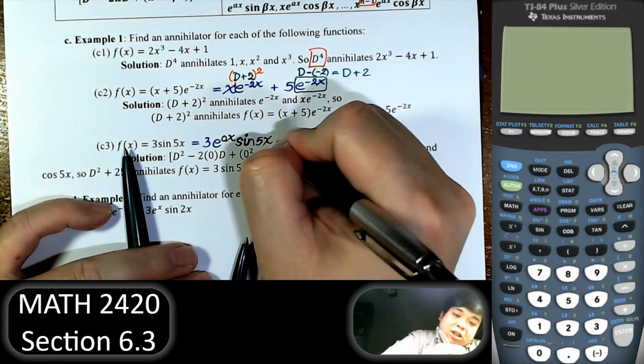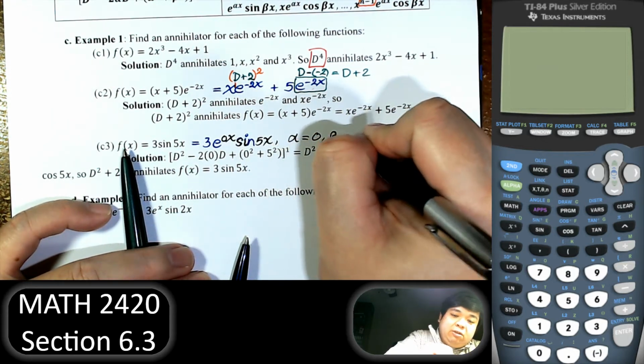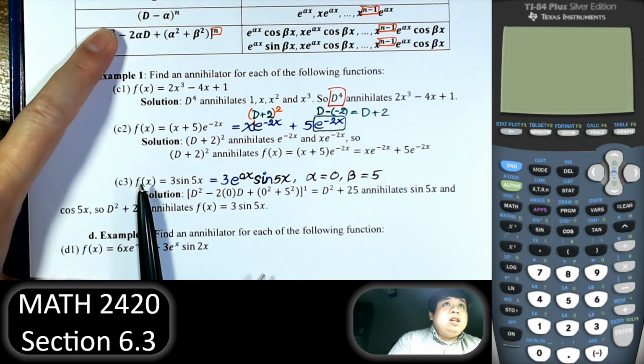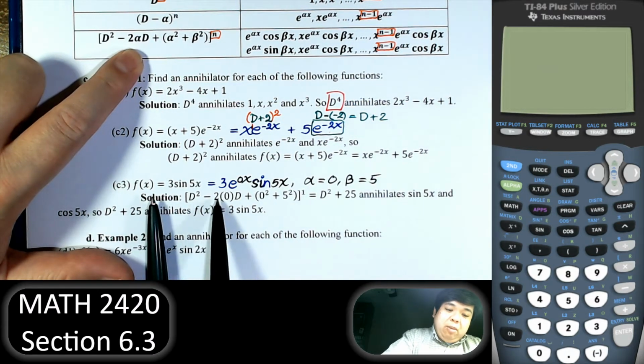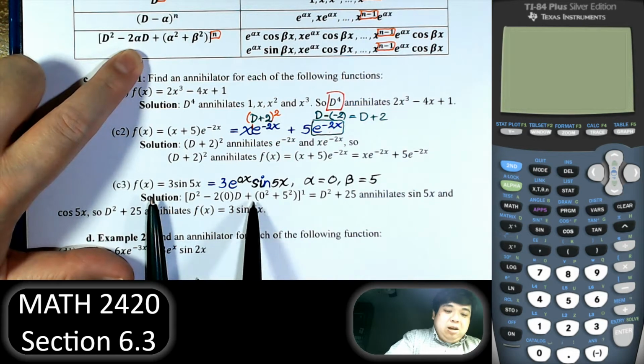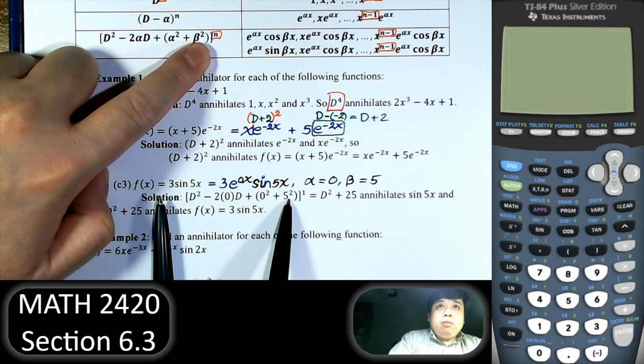So to write it like that, we have alpha equal to 0 and beta equal to 5. And the annihilator is d² − 2αd + α² + β². So that's why we put it in this form.